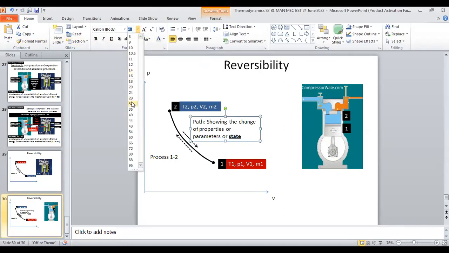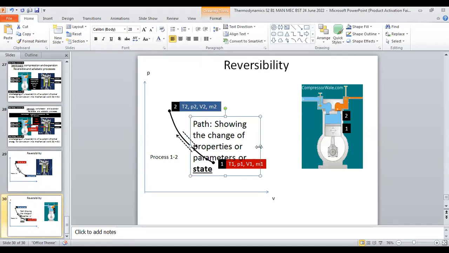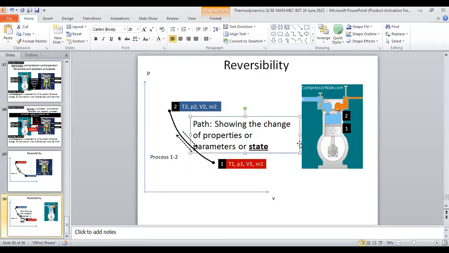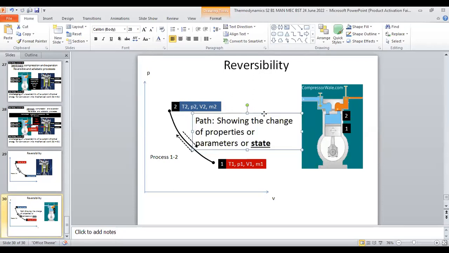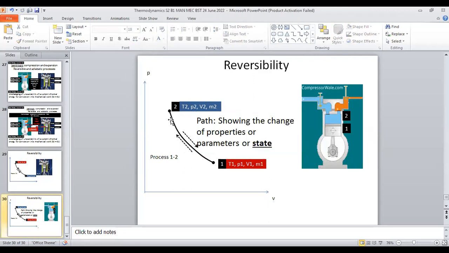So there is a forward and also there is a reverse. Okay. It's a path, that's why. So forward path, 1 to 2.